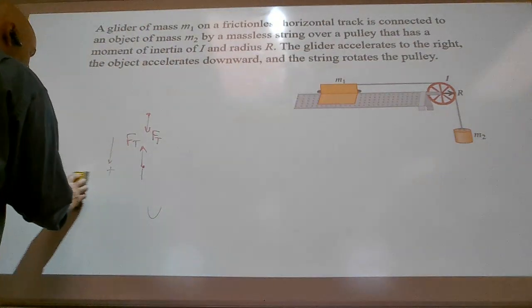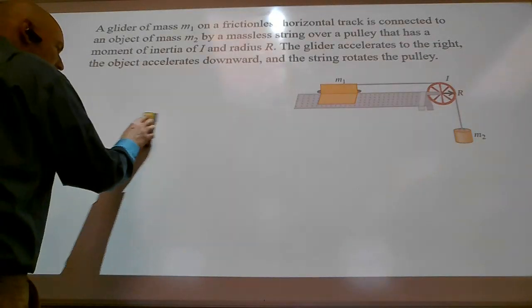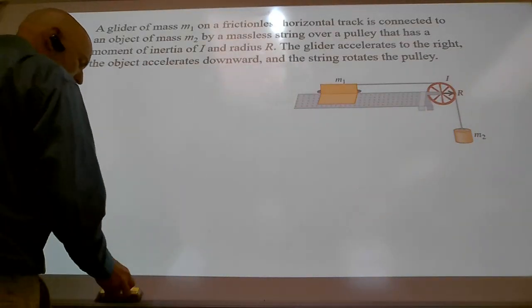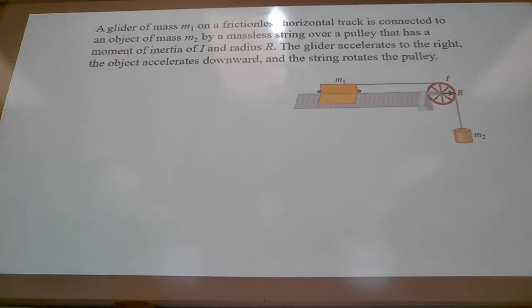So this is an Atwood machine, or modified Atwood machine, with a massive pulley. Okay. So what we're going to do is this.